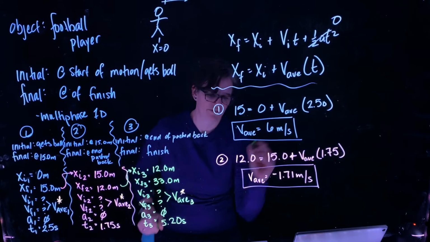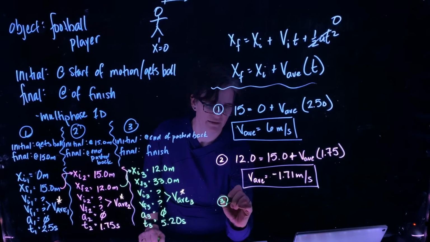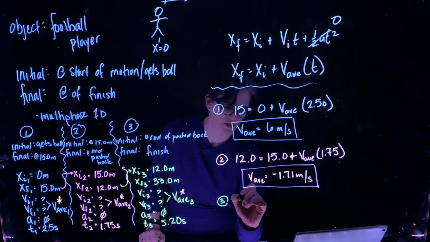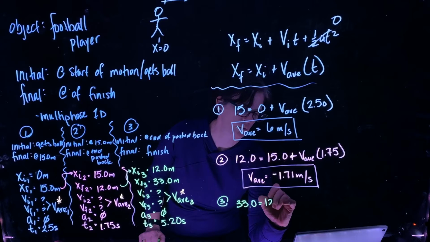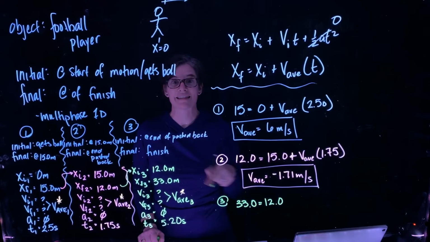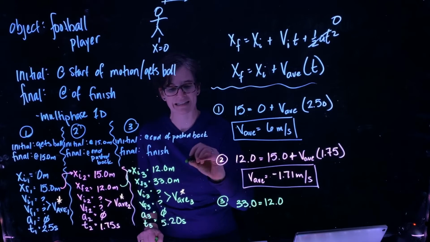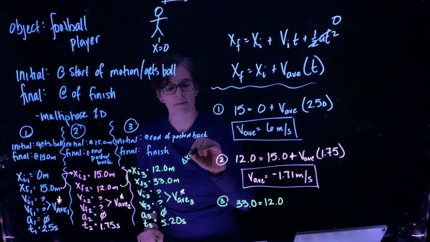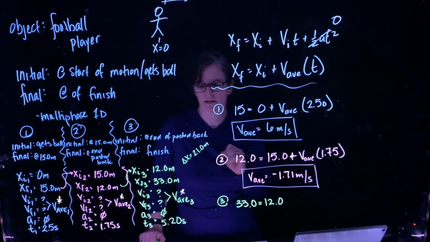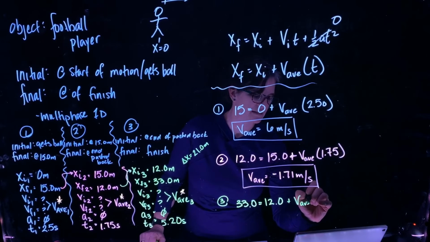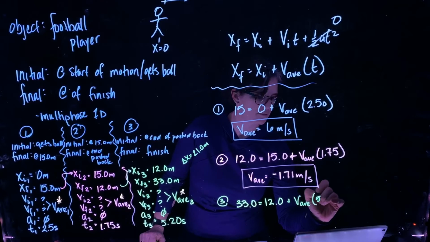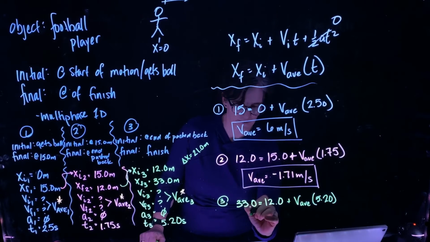And in phase 3, we have our final position of 33.0 is equal to our initial position of 12.0. That's that displacement. Our delta x, remember, was 21 meters, positive 21 meters, plus my average velocity times 5.20 seconds.